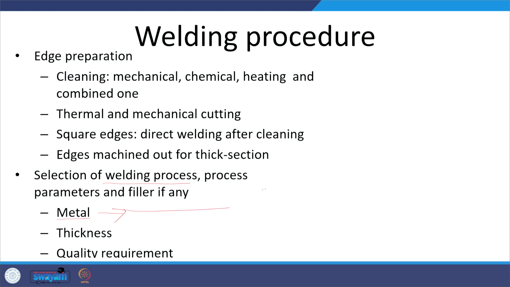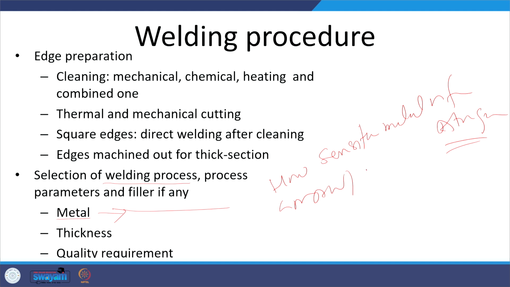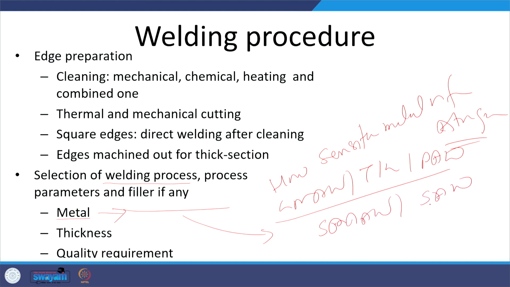Because we need to see how sensitive the metal is to atmospheric gases during welding. If the metal is very sensitive, then we will go for processes like GMAW, GTAW or plasma for commercial applications. And if the metal is less sensitive, then we can go for the simple SMAW or submerged arc welding processes.